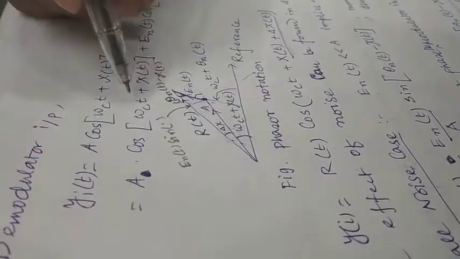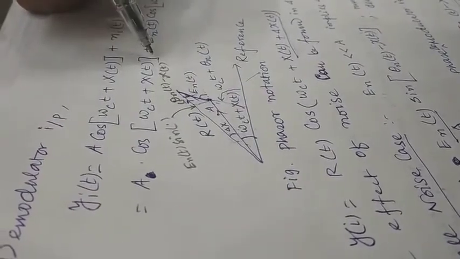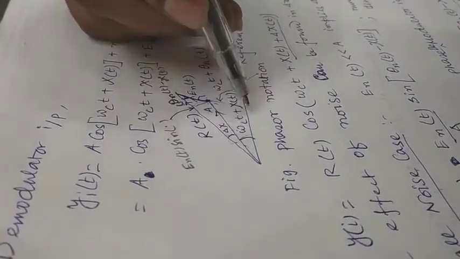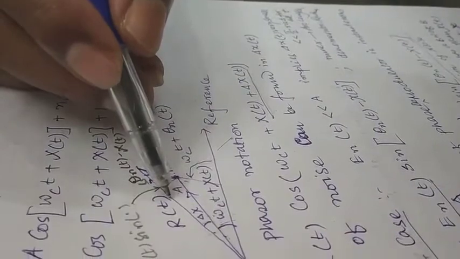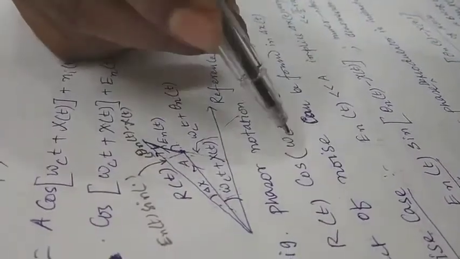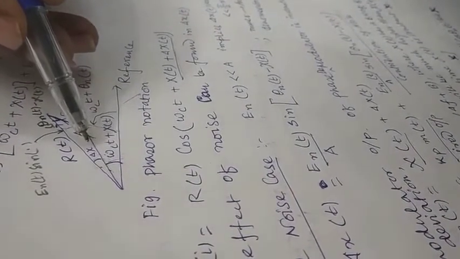The angle here is omega_c t plus psi(t), and if we represent the resultant signal, we can write R(t) cos(omega_c t plus psi(t) plus delta psi(t)). This is a representation procedure.